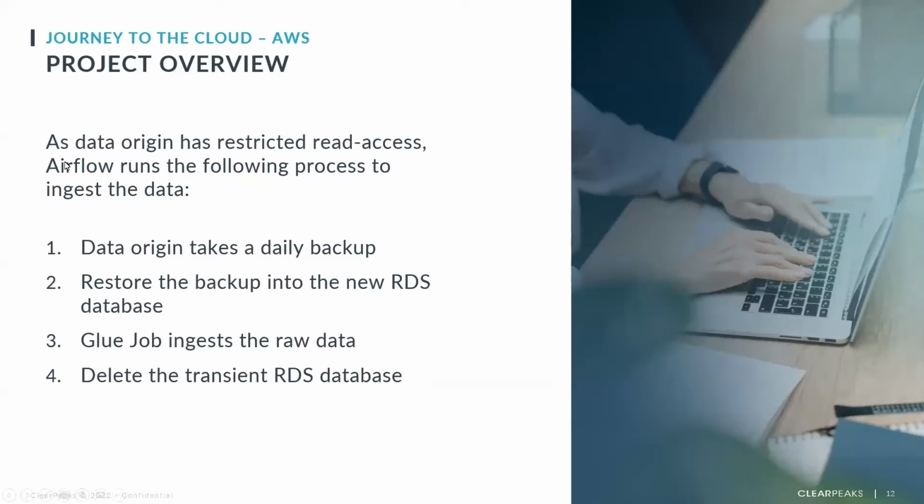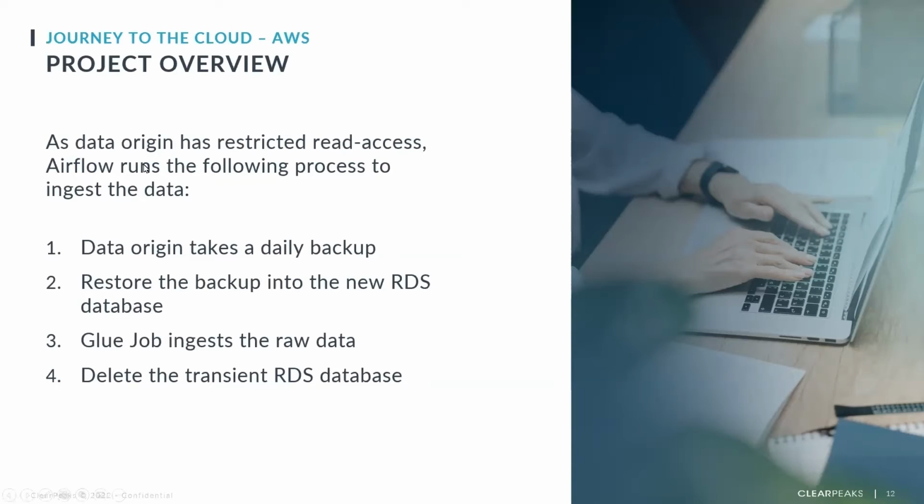Back to this restricted read access that I mentioned. The client had this database to which we cannot access the live system to read data. So the only way to retrieve data from it was to start from a backup, restore the backup into a transient RDS database, then a Glue job will run and ingest this data from the restored database into the data lake, and once it is done, the database gets deleted.